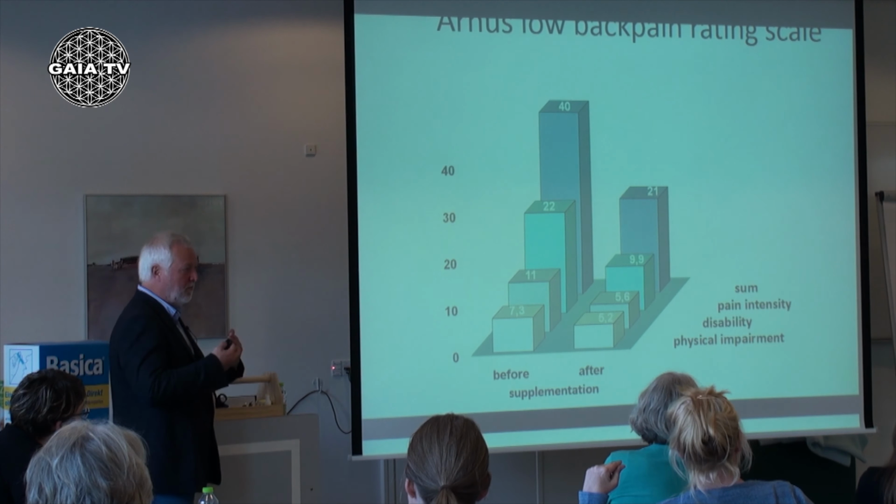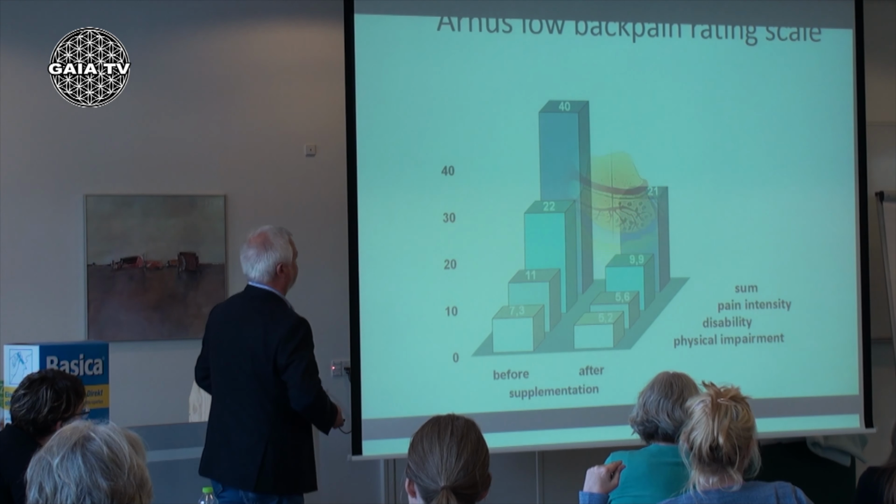And the amount of magnesium in Basica is not so very high, but this really shows that an over-acidification leads to a loss of magnesium from the cells. And also, it was shown that the pain rating scale is significantly reduced after supplementation. So really, you have a very positive effect.